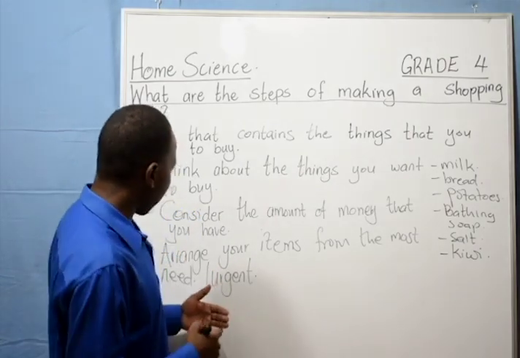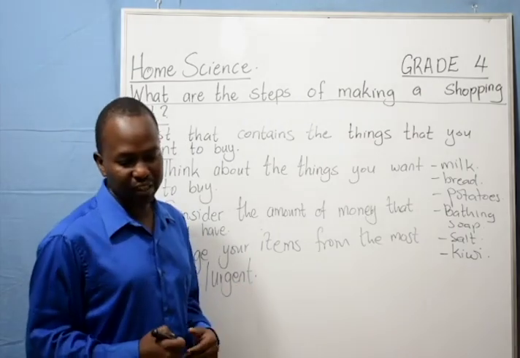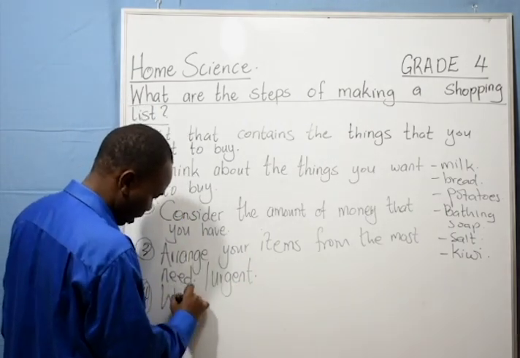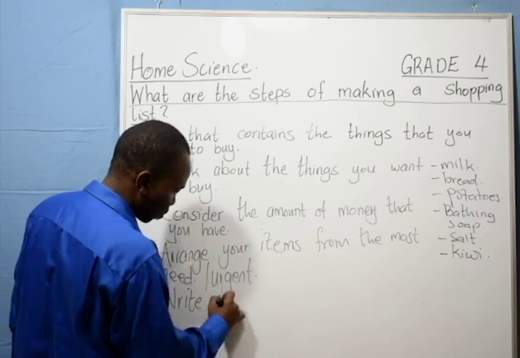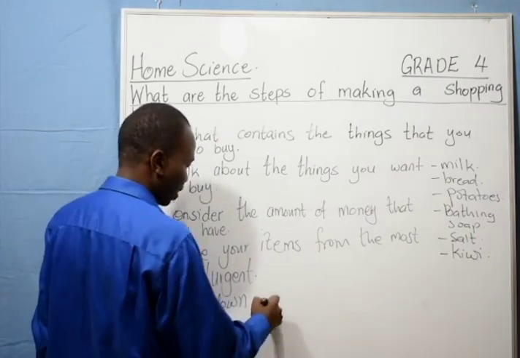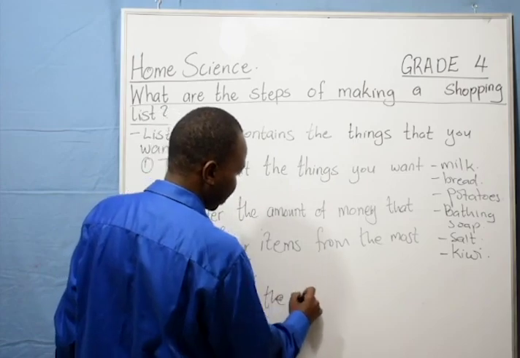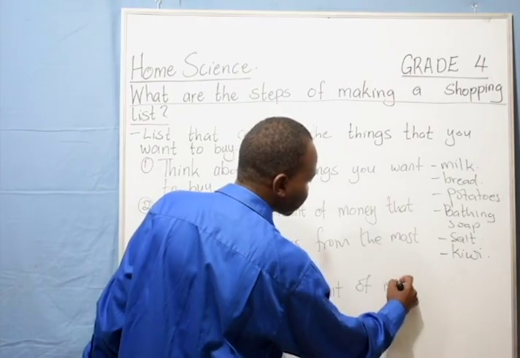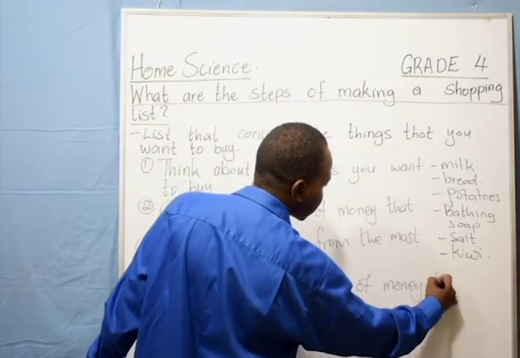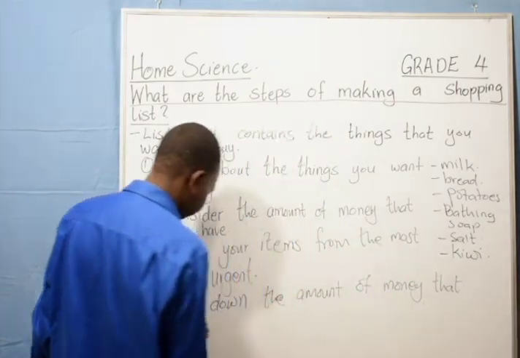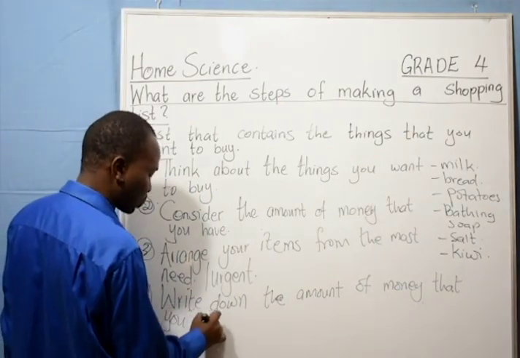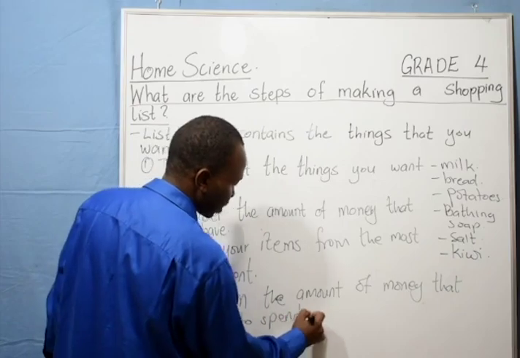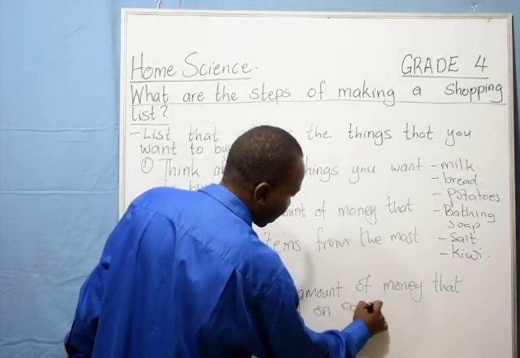Now, once you have arranged the things that you need, write down the amount of money that you want to spend, that you hope to spend on each item.